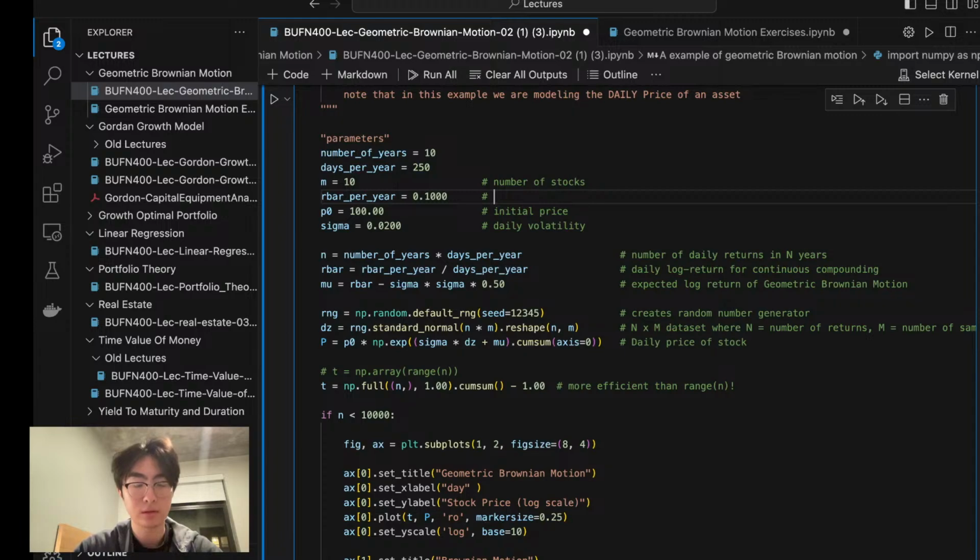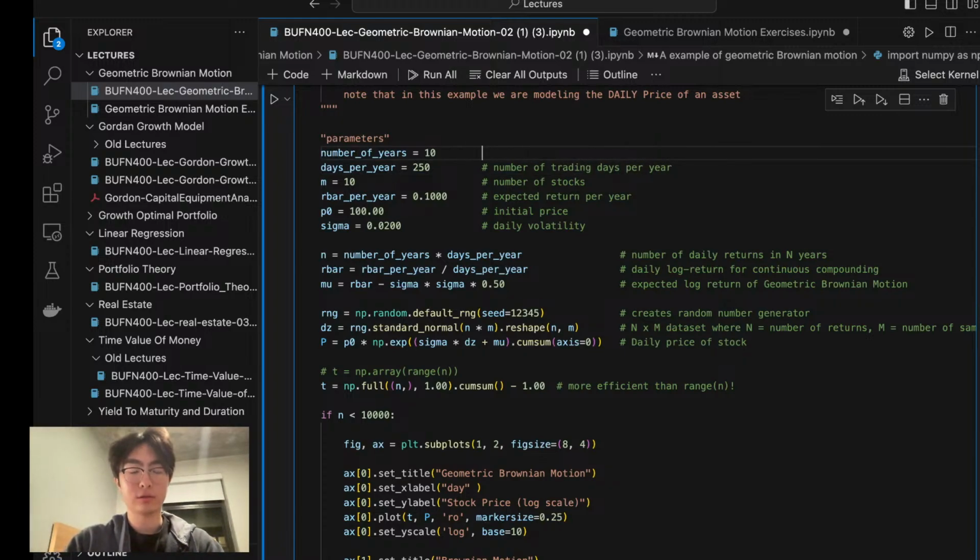So I think this is the expected return per year. Number of trading days per year. Okay, so number of years we want to model.